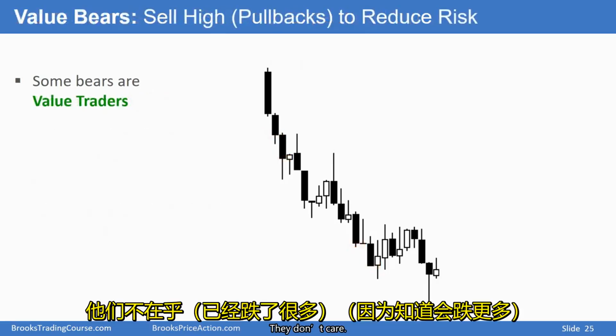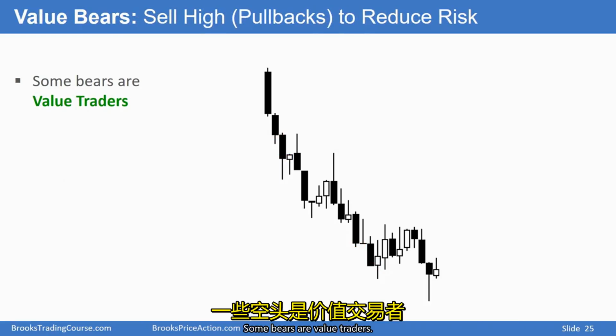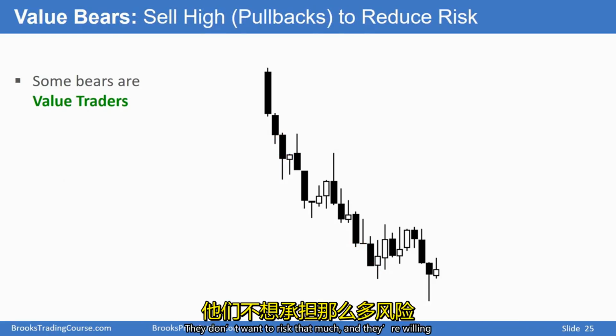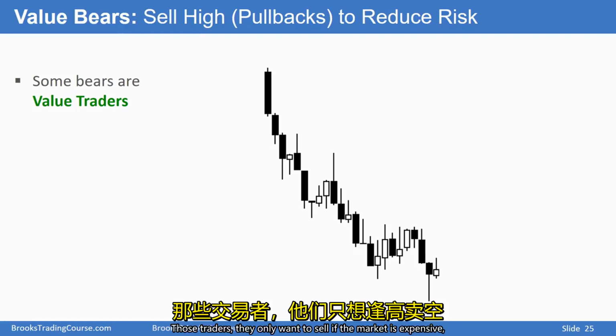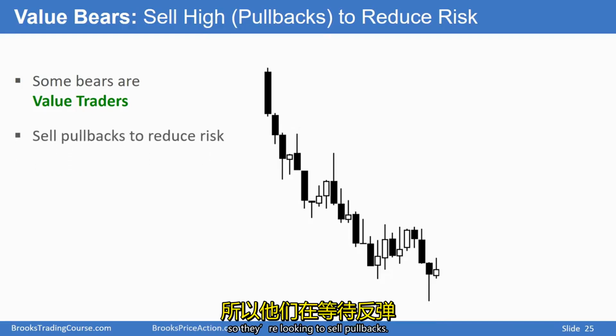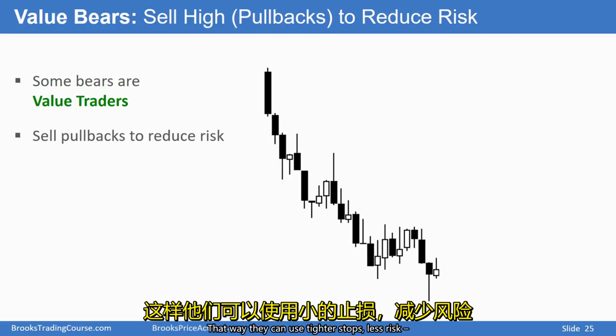They don't care. Some bears are value traders. They don't want to risk that much, and they're willing to pay for reduced risk by accepting lower probability of profit. Those traders, they only want to sell if the market's expensive. So they're looking to sell pullbacks. That way they can use tighter stops, less risk.